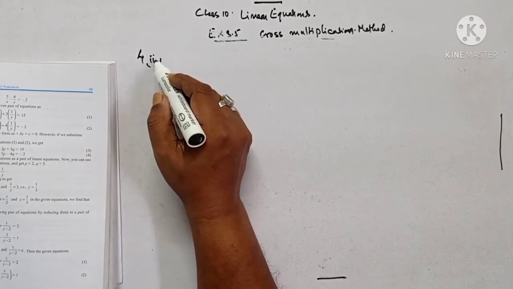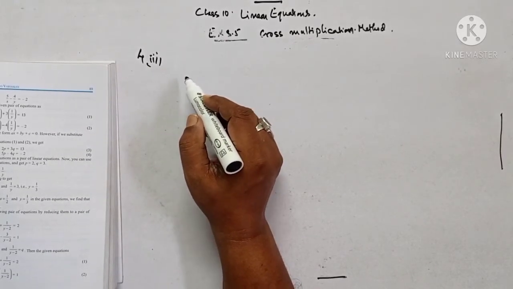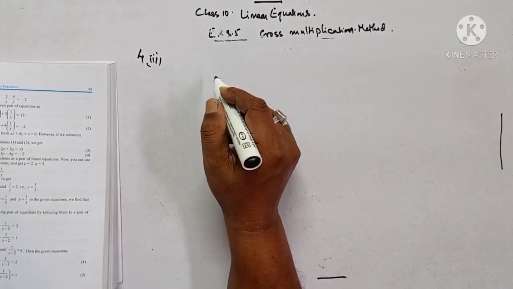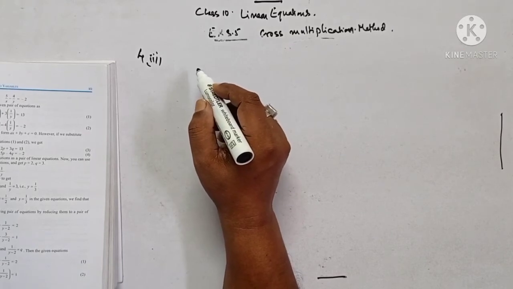Now question number 3. Yashoda scored 40 marks in a test, getting 3 marks for each right answer and losing 1 mark for each wrong answer.